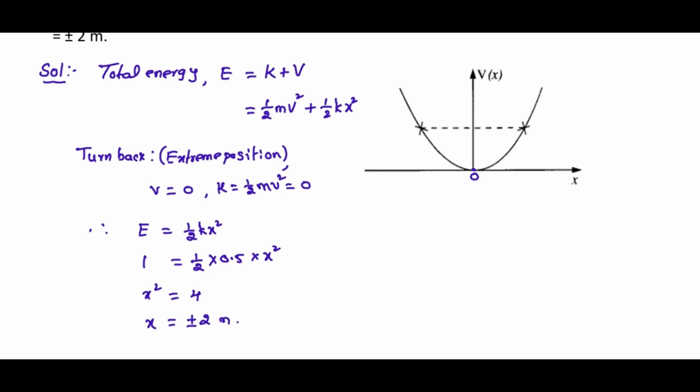This is the answer. That means this value can be plus 2 and this value can be minus 2. We can say these points are nothing but extreme positions.